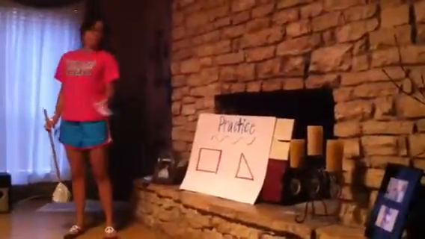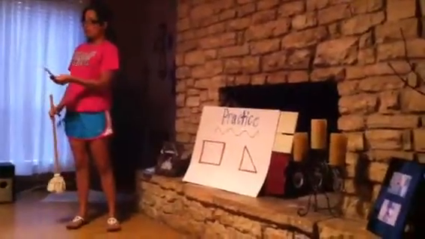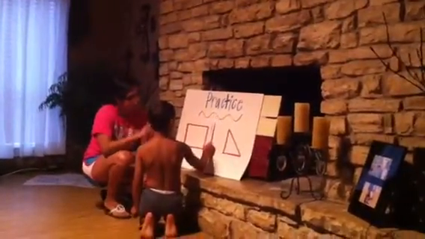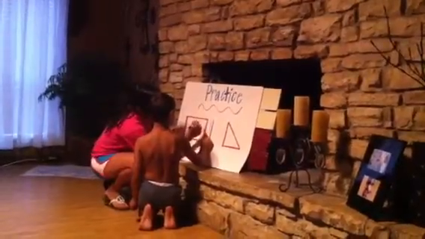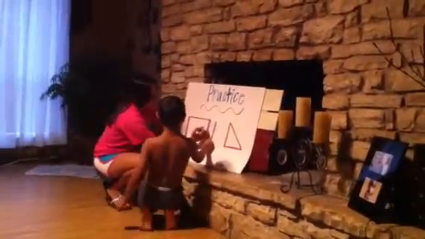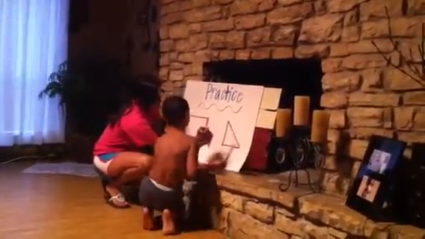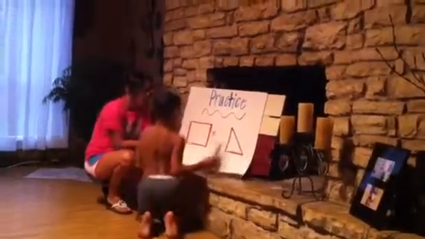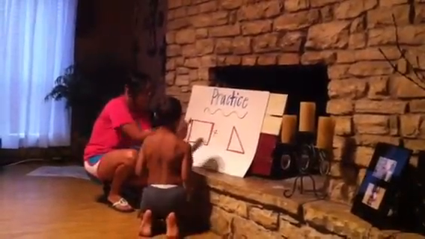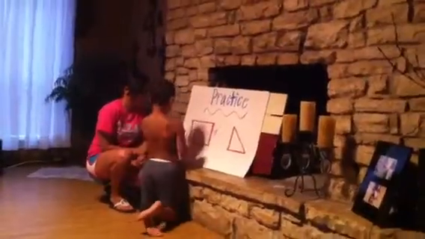Ethan, will you come up here and measure the square's length for me, the sides? Okay. Okay, so this one's 7, right? Okay, so the length of this side is 7. So you're going to mark a 7 right there. Okay, measure this length.